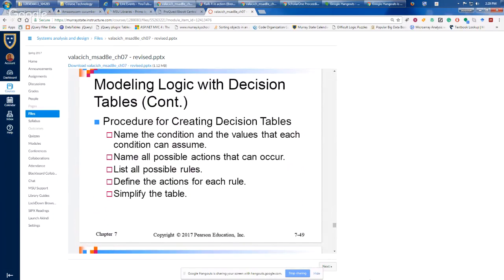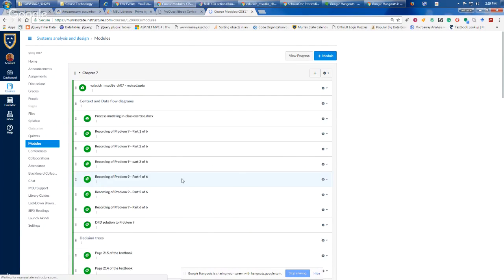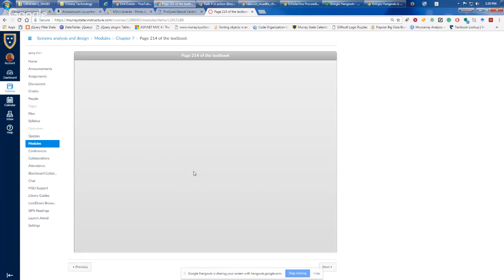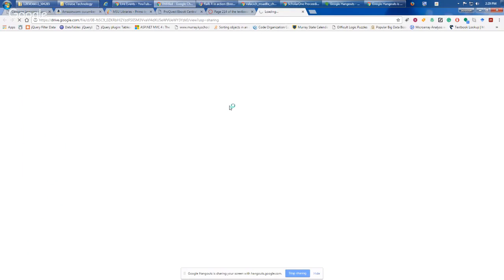All right. Now the problem we're going to take up is already posted on Canvas. So the problem we'll take up first is from page 214 of the textbook. So let me go ahead and load this page.